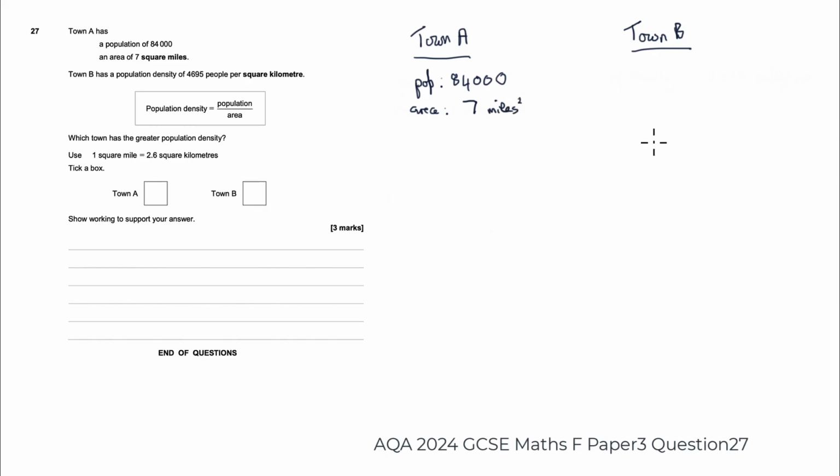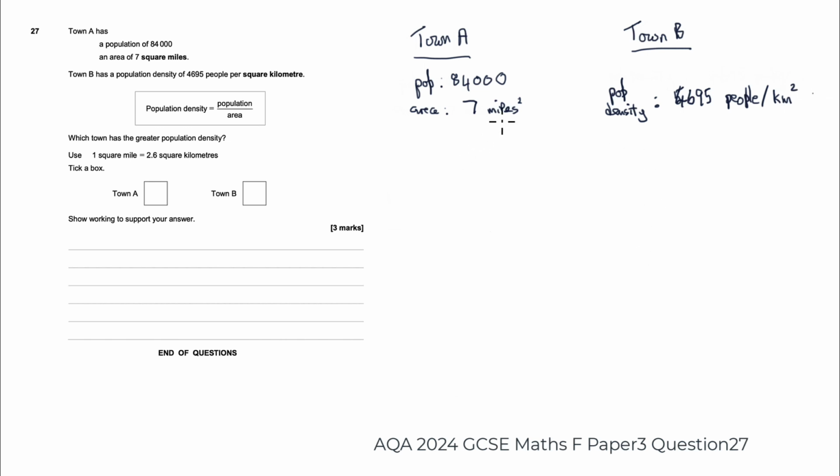And what do we know about town B? All we know about it is its population density. That's how many people are living per square kilometre. So it's 4,695 people per square kilometre.